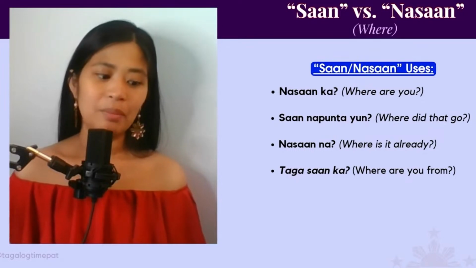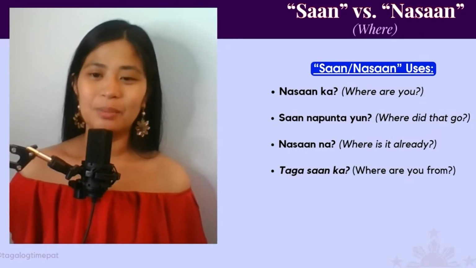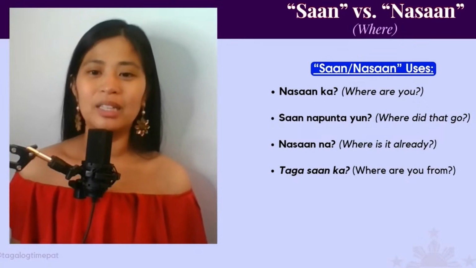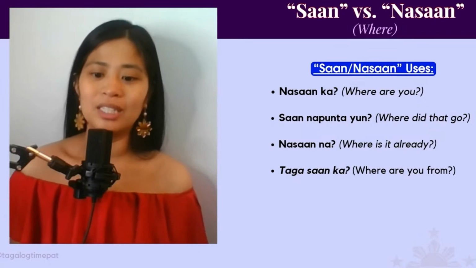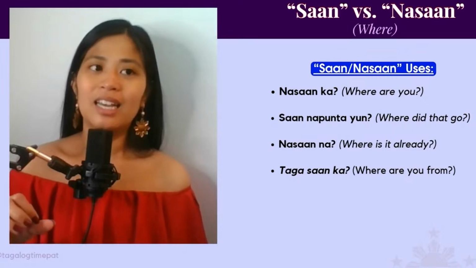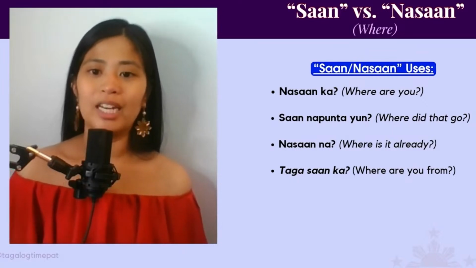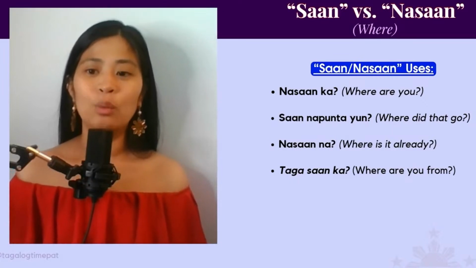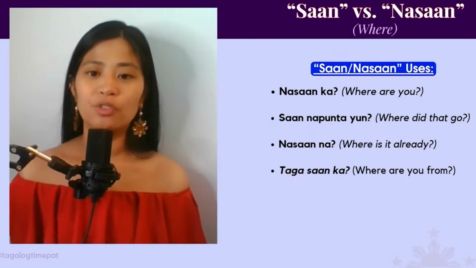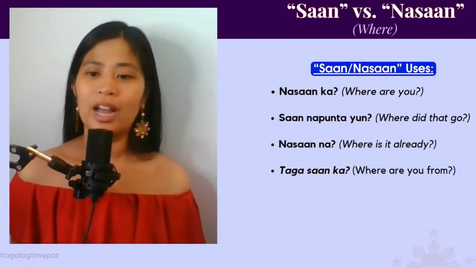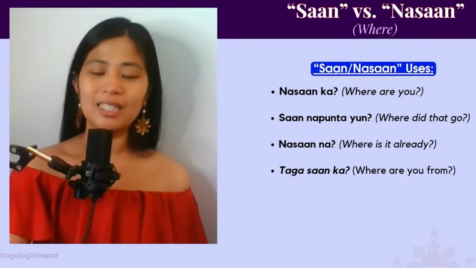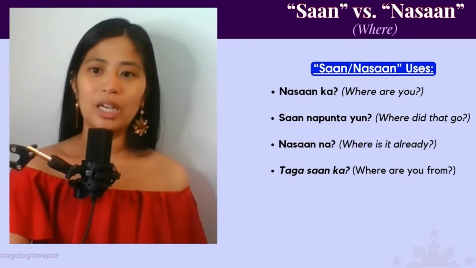It's like maybe if you're waiting for a pizza to be delivered and they're taking a long time, you're like, nasaan na? Where is it? Na again is an emphasis word. Sometimes it means already. Taga saan ka? Where are you from? Taga means from. Saan means where. Ka is referring to you. Taga saan ka? So those are the different ways saan can be used.